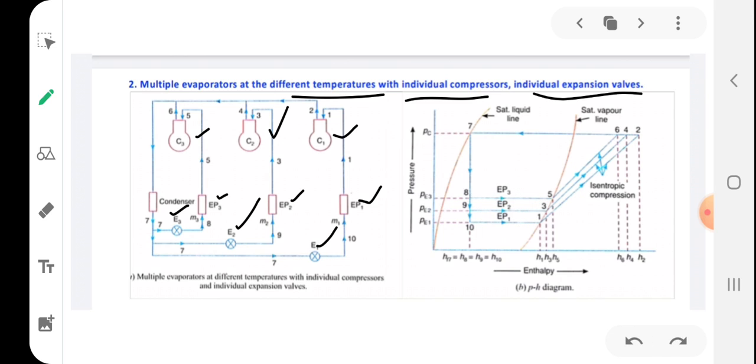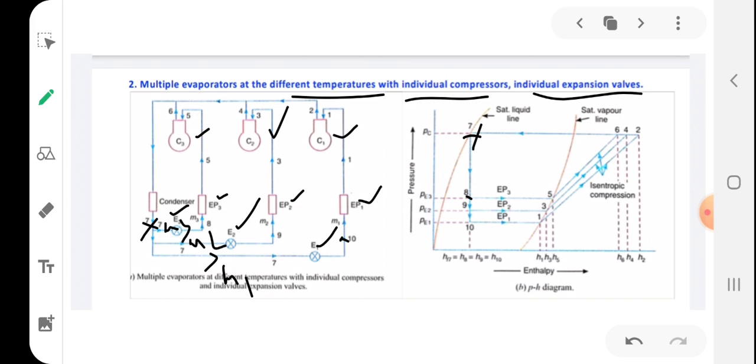So how is the working of this particular type? You can see that the refrigerant, the saturated liquid coming from the condenser, gets split into three. First passing through here M1, this line M1, and this line M2 and this line M3.